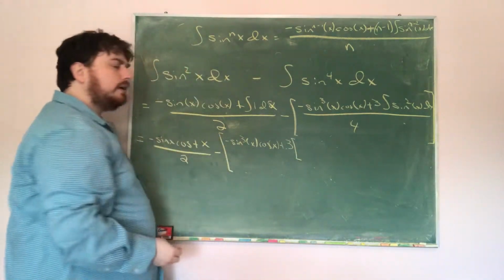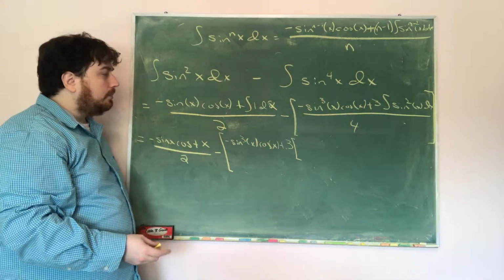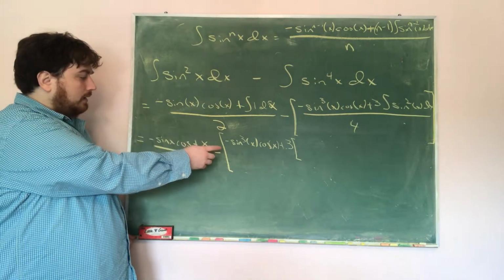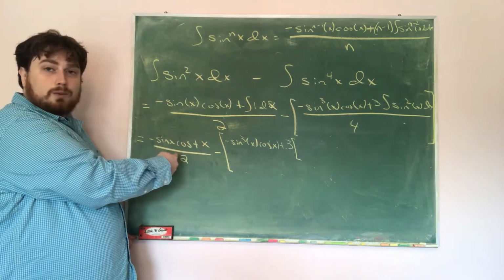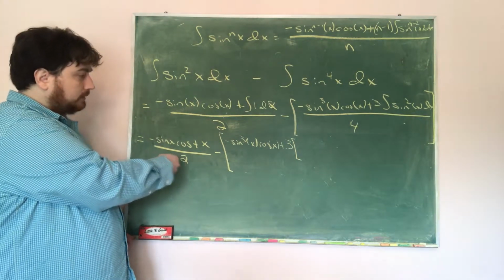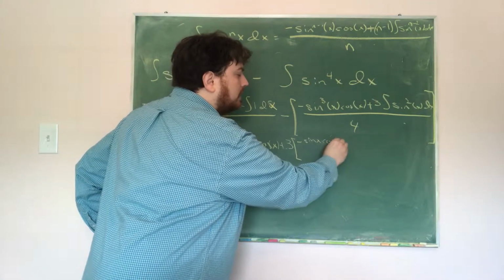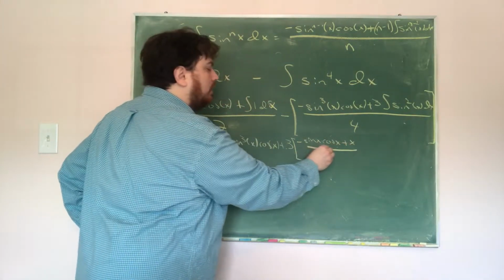For sine squared, we'd have to use a reduction formula again, but we've actually already done that up here, so I'm just going to copy that. We've finished that one, so I'm just going to plug this in as my answer, and I get negative sine x cosine x plus x all over 2.